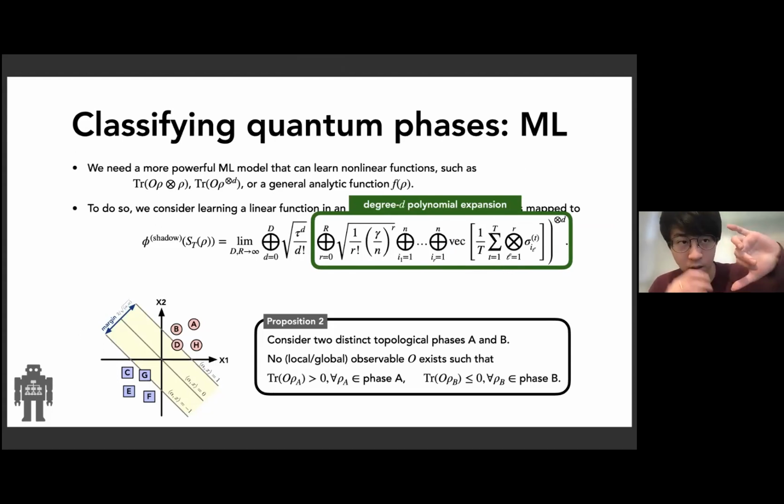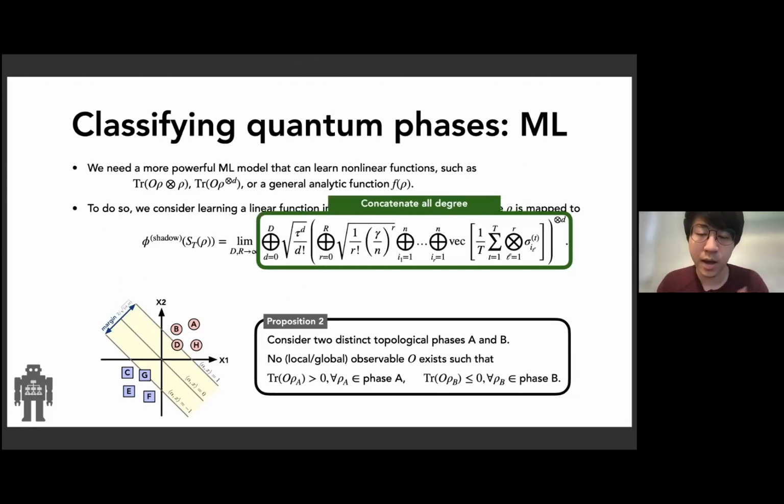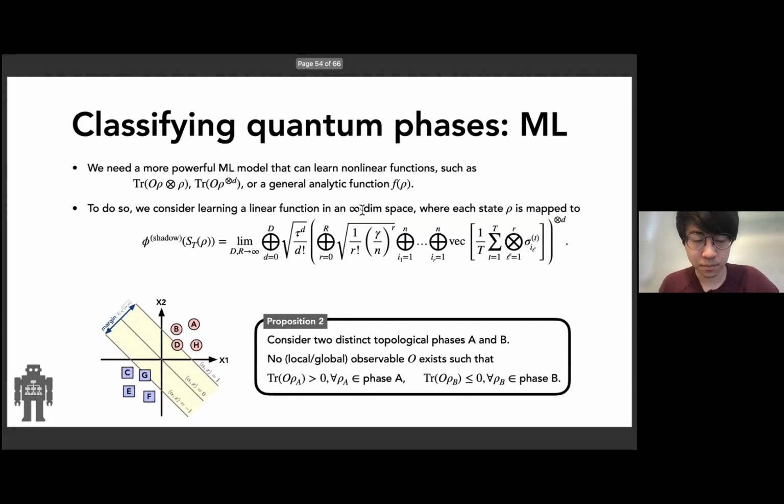We take this very high dimensional vector and tensor product it with itself, so that every entry in this even higher dimensional vector corresponds to some monomial in the reduced density matrix. We then concatenate all degrees so that in principle, the machine learning model can learn a general analytical function.